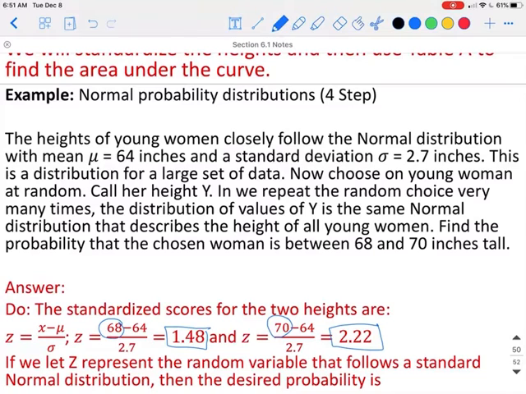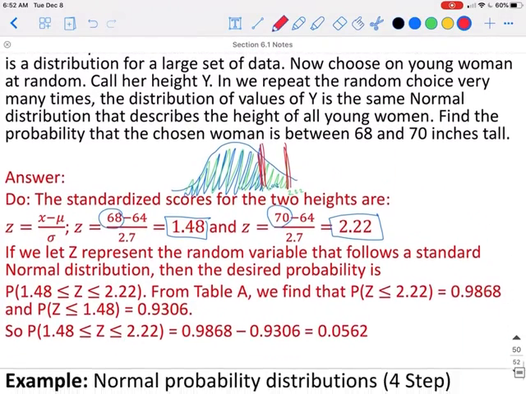Now we need to find the areas under these. Remember, when you're looking at your Table A, if I have a z-score of 1.48, the table is going to tell you the area to the left of that. And if I have 2.22, the table will tell me the area to the left of that. We want to find the area that is between those two values, so if we find both areas, we can then subtract them.